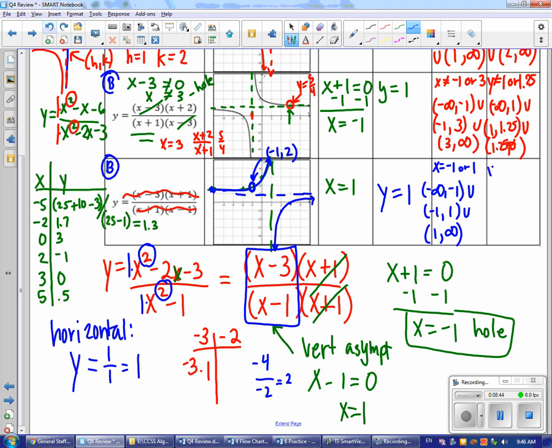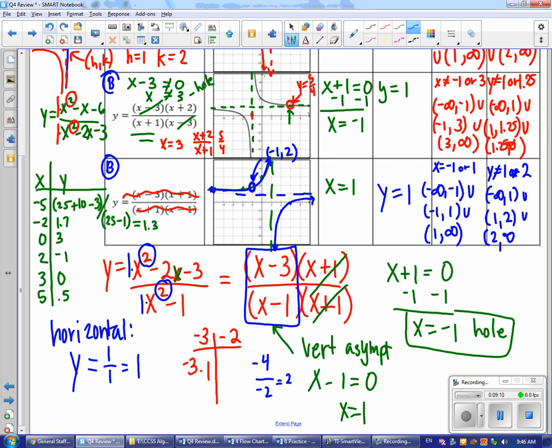So y is not allowed to equal 1, that's my horizontal asymptote, or 2, because that's where the hole is. But like I said, you're not going to have to know that for your quarterly. So when I'm jotting down the intervals for my range, it's going to go from -infinity to 1, from 1 to 2, and from 2 to +infinity. So you just recognize that it's in 3 little sections.